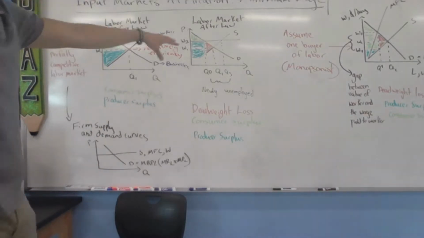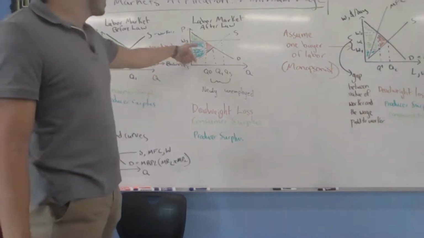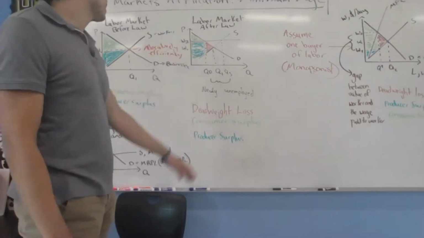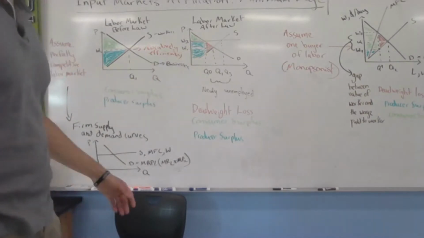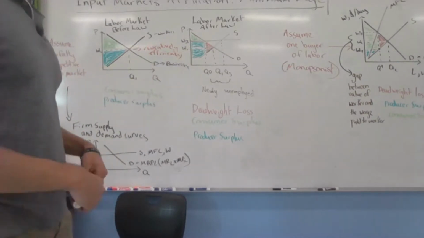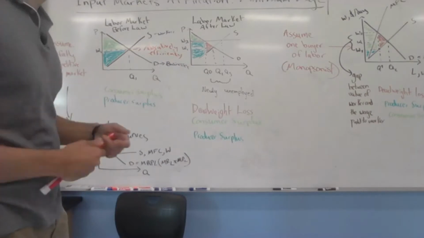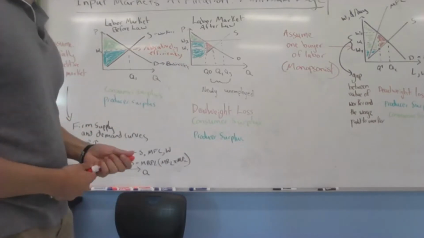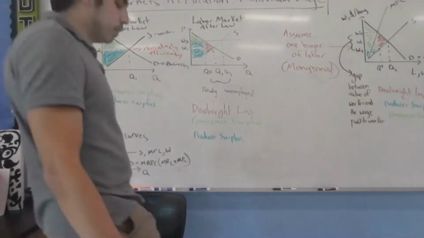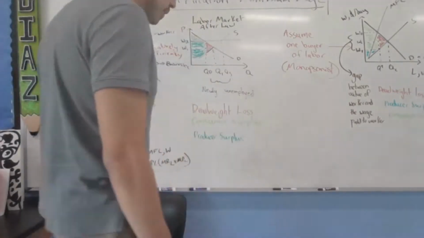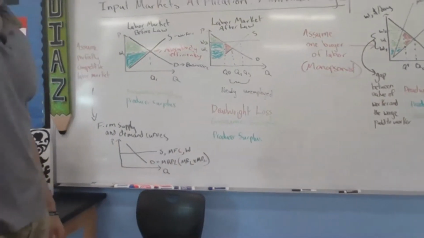And we can see that the minimum wage has distortionary effects. All we did is we saw that producer surplus was gained at the expense of consumer surplus, and maybe we're okay with this, even though we're no longer producing at the allocatively efficient point, because maybe we think that consumers are these people that are incredibly wealthy, and so producers getting some of that surplus is for the best.